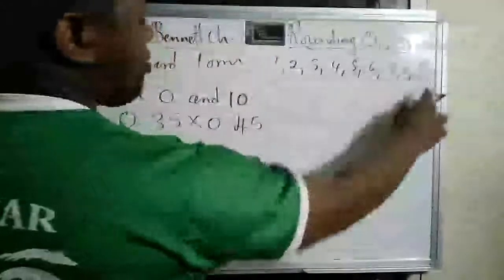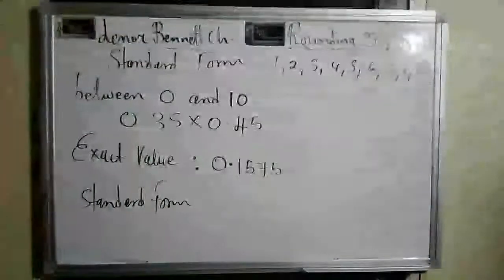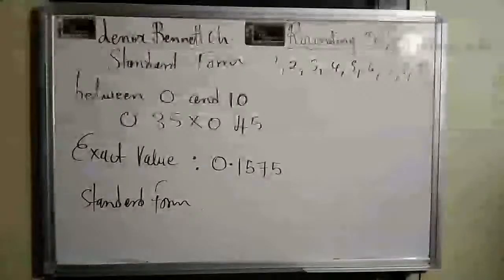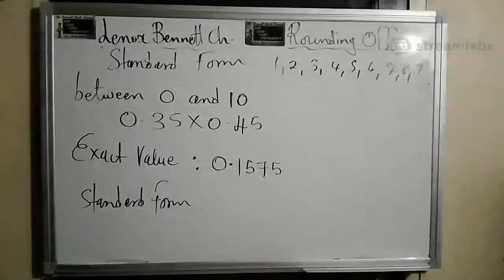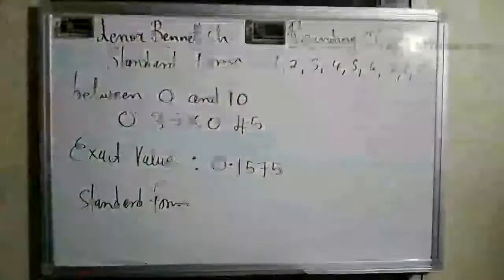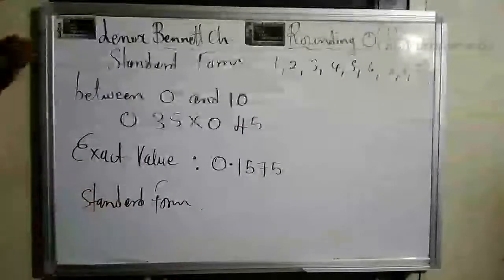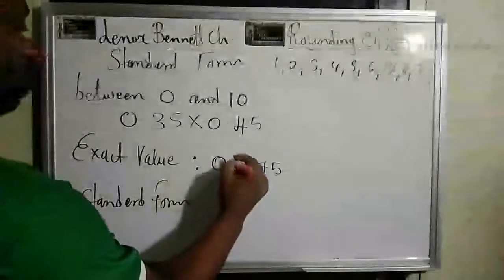So we stop right there. We go to the first natural number. What is the first natural number to the immediate right of the decimal? That would be 1, right? So let us see how many places we move, because that's what we're basically doing, moving this to right here.